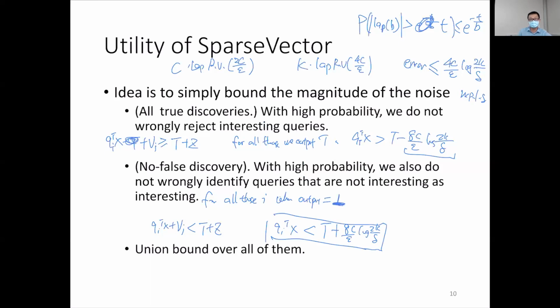It's an approximate version of these screening rules, and these errors are needed, since we cannot really tell for sure whether q_i transpose x is exactly at T, or slightly bigger or slightly smaller than T. But these rules tell us that if q_i transpose x is way larger than T, then it will be selected, and if it is substantially smaller than T, then it won't be selected.